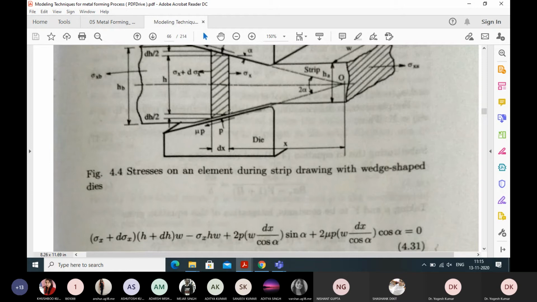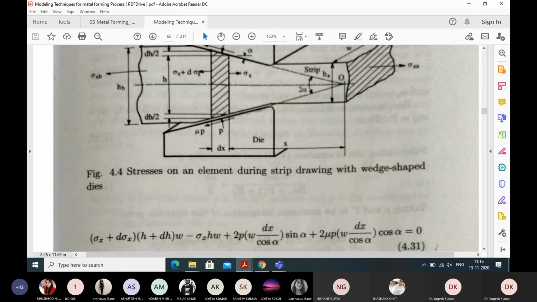Suppose h is the height of your strip at this point, then at this portion the height will be h plus dh, the height of your strip on the left hand side. So the height has increased by dh, multiplied by the width of your strip. This is the force acting on the left hand portion of your strip.